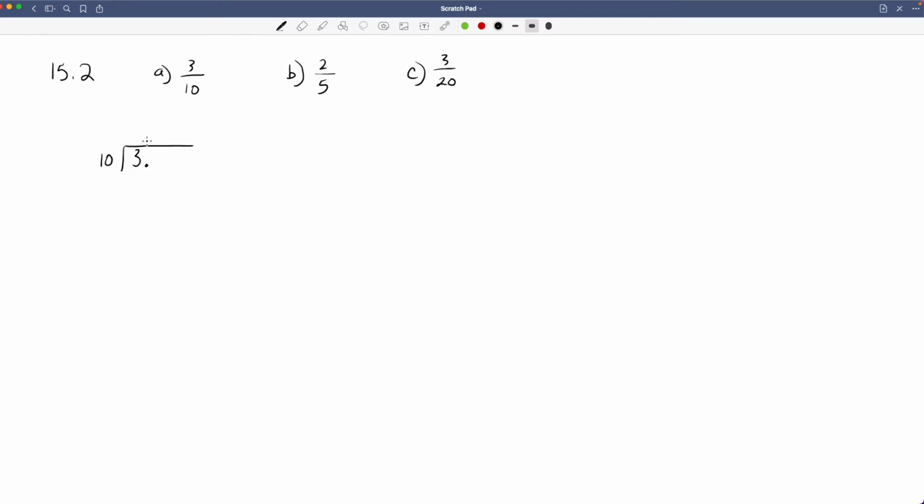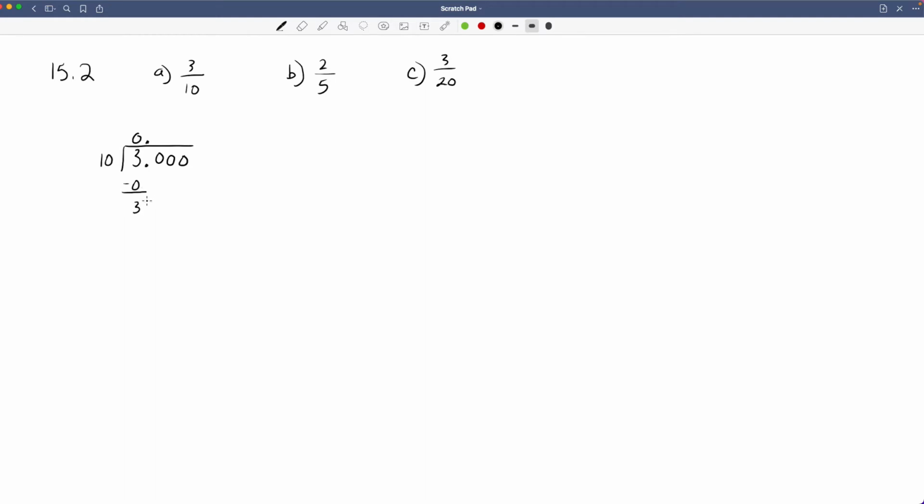Go ahead and set up our decimal and put in some zeros. Just go ahead and put in 3 just to see if we need that many. So I am going to divide here. 10 goes into 3 0 times, so 0 goes in first.